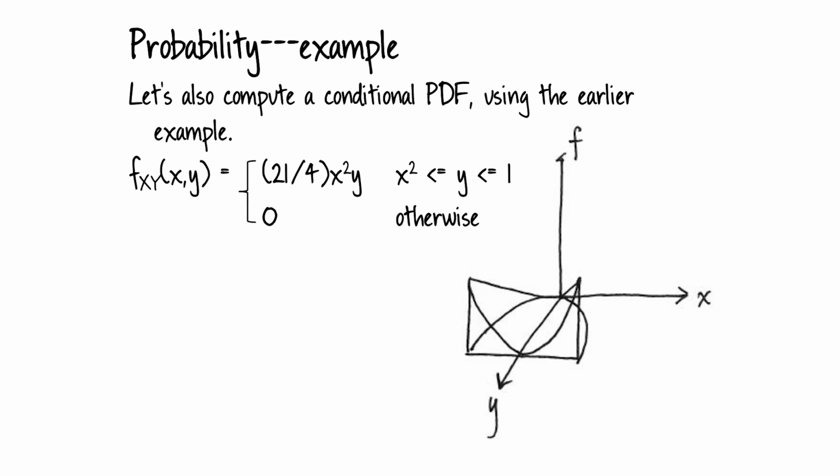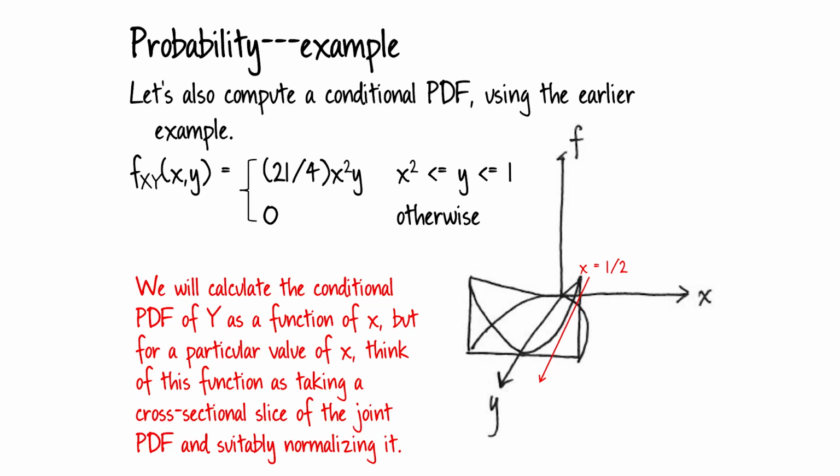Now we want to take a slice of this joint PDF at some particular value, and that slice is not going to be a true PDF, so we've got to figure out what we multiply it by so that it integrates to 1. So let's take the slice x equals 1/2. I've drawn it here. Maybe you can picture in your mind what that slice is going to look like.